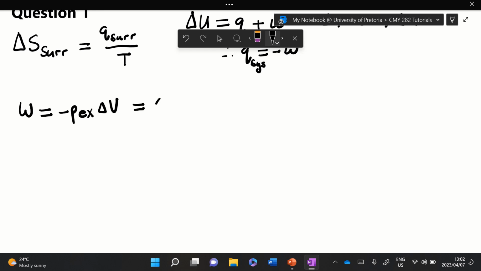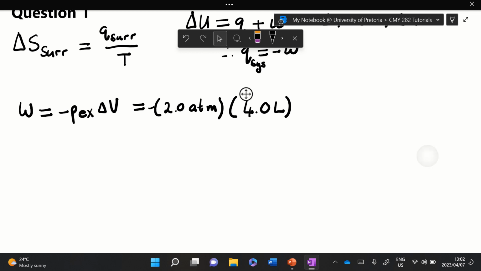We're given P external, it's 2 atmospheres. Also given delta V, it's 5 minus 1 liter, so that's 4 liter. And of course, we can convert atmosphere to kilopascals and liter to cubic meter.